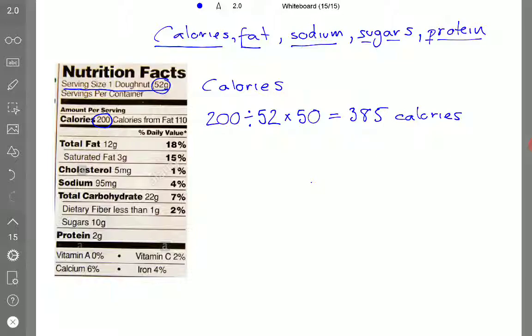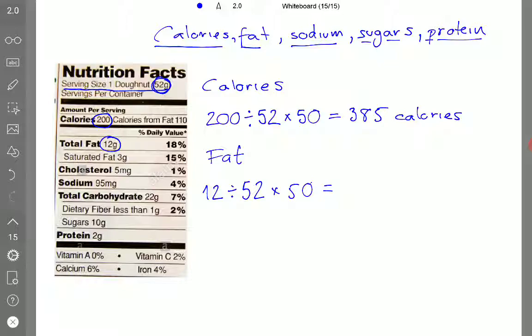Now you're gonna have to do that for the other nutrients like fat, sodium, sugar. So let's see if we want to do this same thing for fat. For fat, I do something very similar, but instead of beginning my calculation with 200, I'm going to start my calculation with 12, because 12 is the number that is reported for total fat. So I start with 12 divided by, and then I divide again by the serving size, which is 52, and I do that times 50.